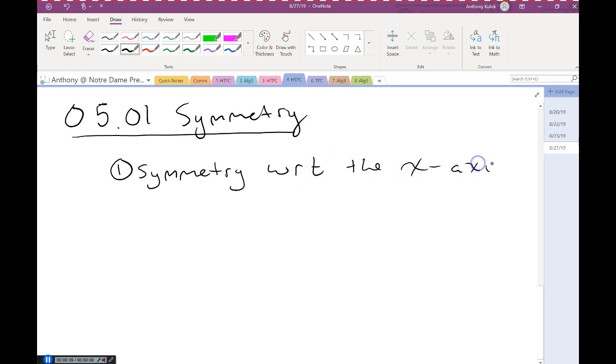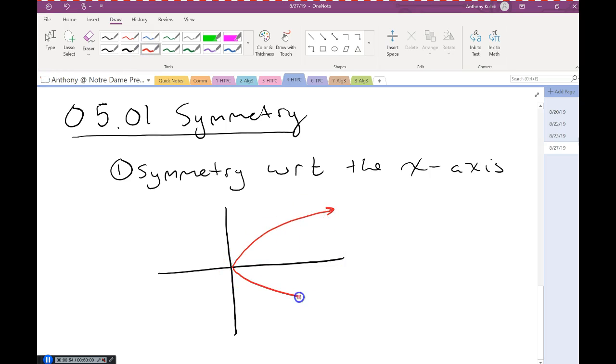So the first type is symmetry with respect to the x-axis. Visually, what that's going to look like is something like this.